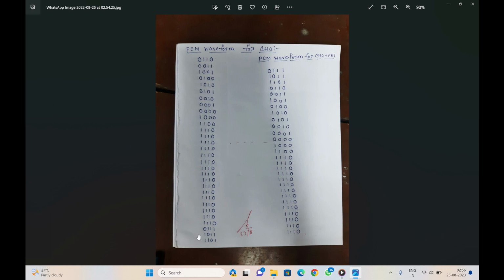Ignoring the 15 same bits, you will find there are 16 unique PCM codes that were generated during the practicals by means of the blinking of the status LEDs.